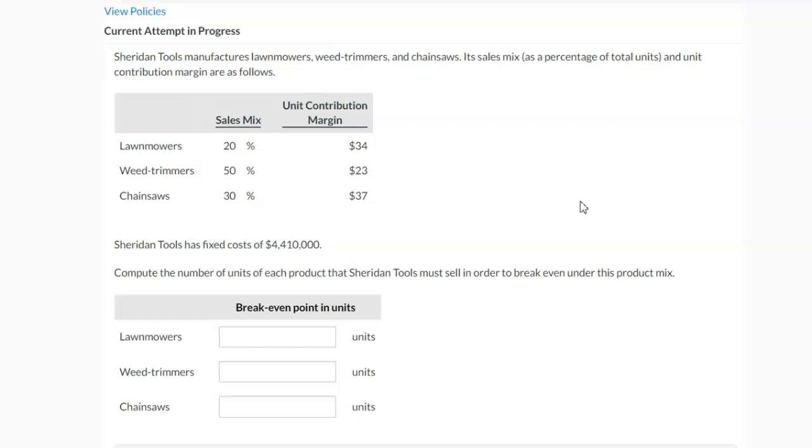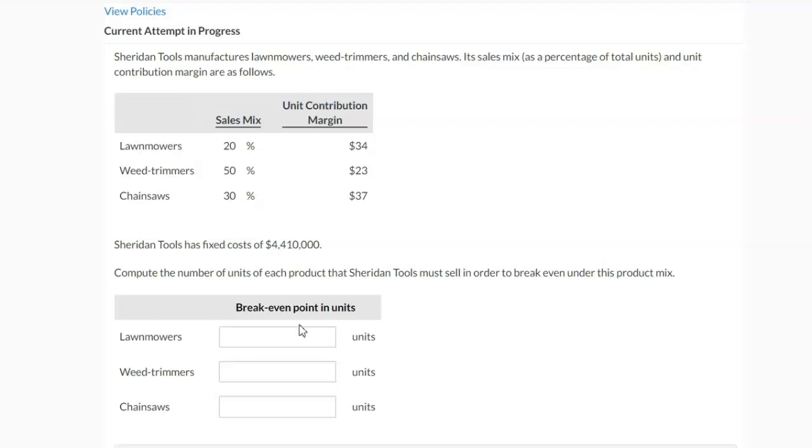So that is $34 multiplied by 0.20. Oh no, I have to add all of the contribution margin up first. No, do them individually. So that will be 20% multiplied by 34, then 50% multiplied by 23, then 30% multiplied by 37.